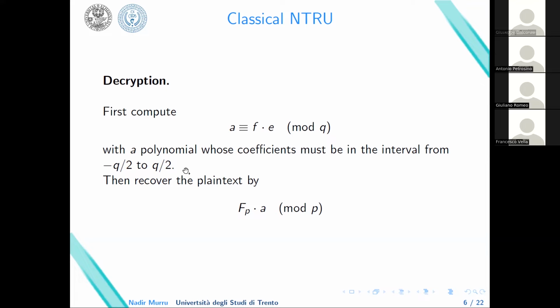And moreover, in the HRSS version, this is guaranteed by the selection of the parameters, essentially. So the last operation for recovering the plain text is this one. After you have obtained the polynomial A, you multiply it by the other part of the private key, the polynomial fp, and reduce all modulo p.